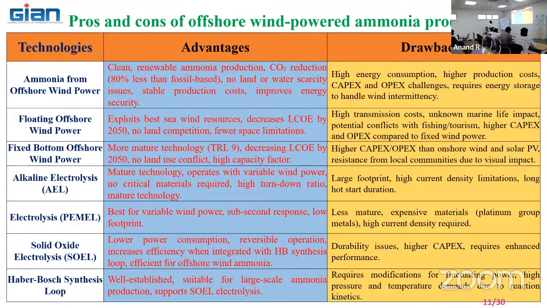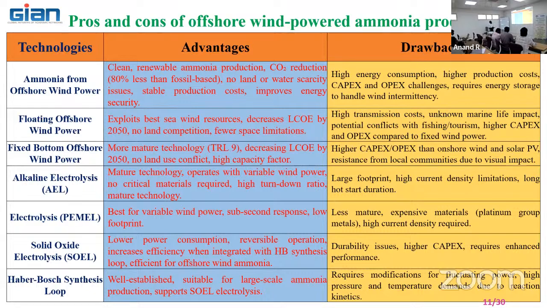Alkaline electrolysis is a mature technology. For electrolysis, you can use all the kinds of systems we have already discussed when compared with Haber-Bosch. But what is the drawback in switching over from Haber-Bosch to a renewable basis? High energy consumption, and high capital expenditures and high operating expenditures are needed. Right?